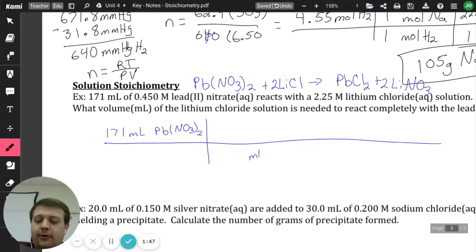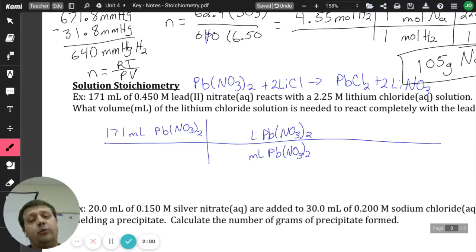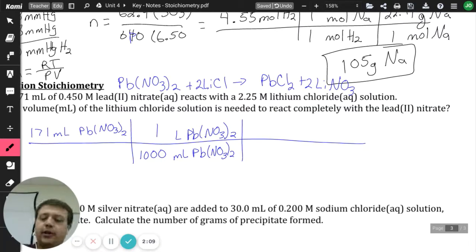So I'm going to go from milliliters of lead-2 nitrate into liters of lead-2 nitrate. Now, why would I need to do that? I would need to do that because molarity, remember, is moles per liter. So we got to get out of milliliters and into liters. There's 1,000 milliliters for every 1 liter.